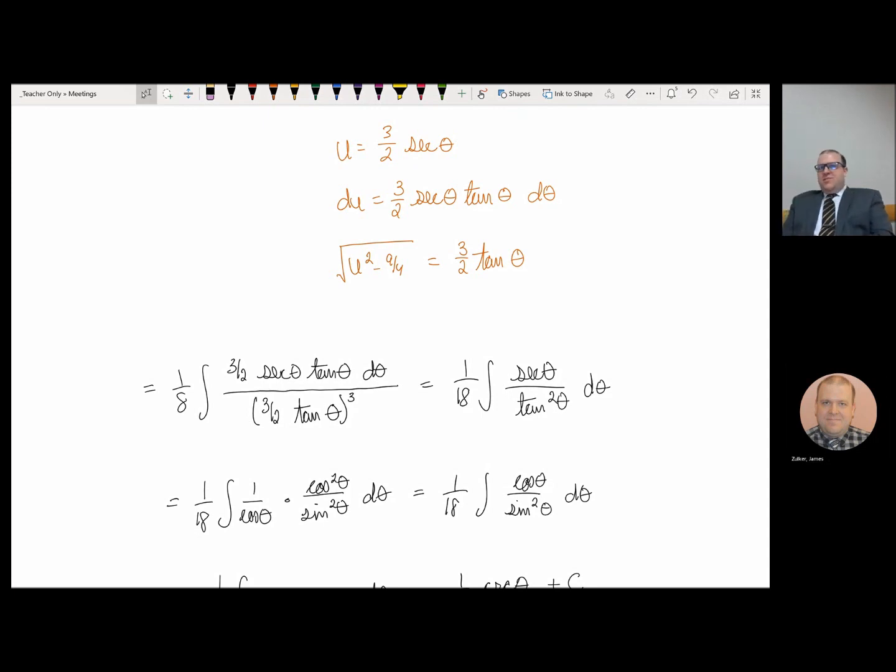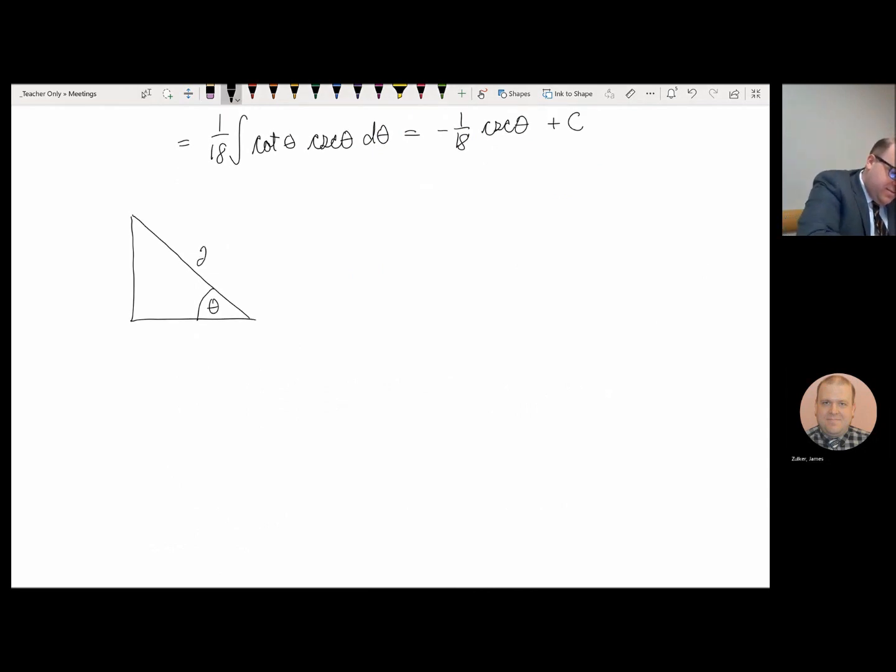Hypotenuse over adjacent. You could have just as easily said the hypotenuse is 2/3 u, the adjacent be 1 in that case. But why introduce fractions when we don't have to, right? What is that missing length?